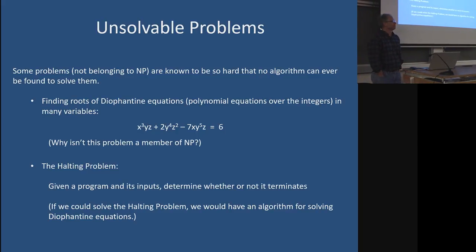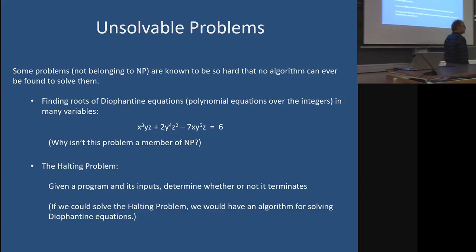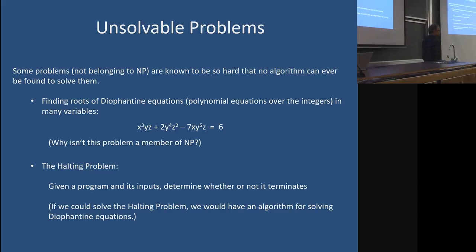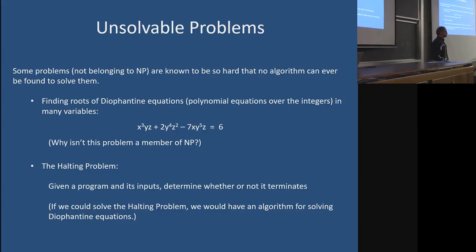Yeah? So is it the case with all unsolvable problems that one part of the output is just impossible to reach? Like for the first one, it would be hard to find out if there was no solution, and then for the next one, it would be hard to find out if there was a solution.